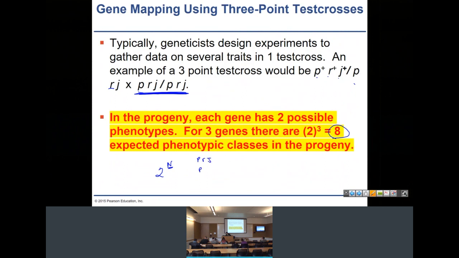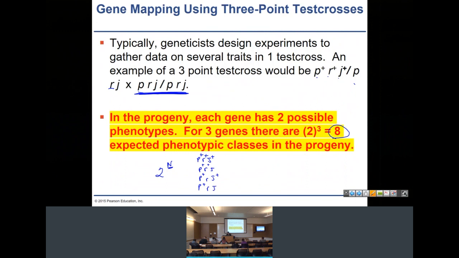Or a purple, round, and dry. Or a purple, long, and juicy. Or a purple, long, and dry, right? So you write down all the possibilities, to which there are 8.